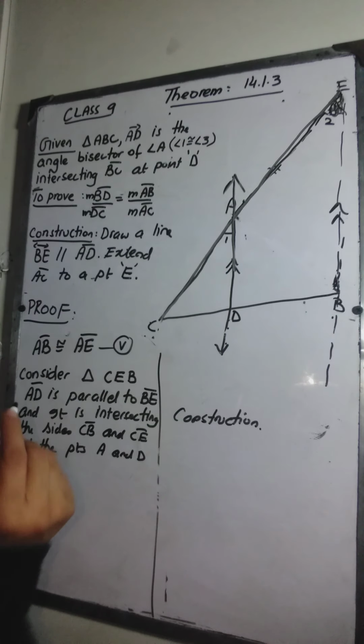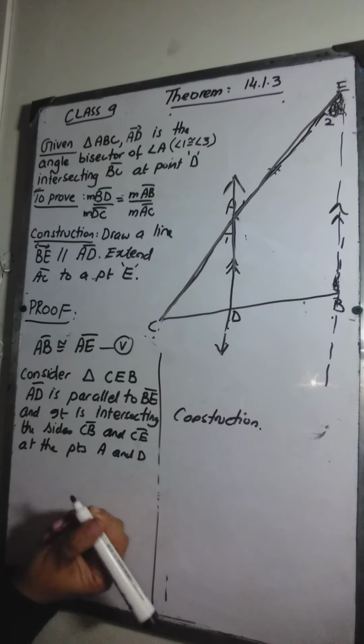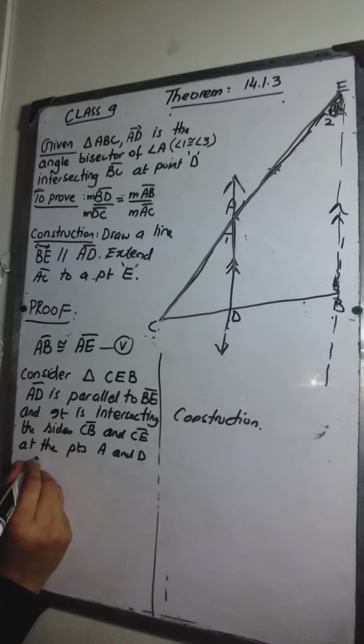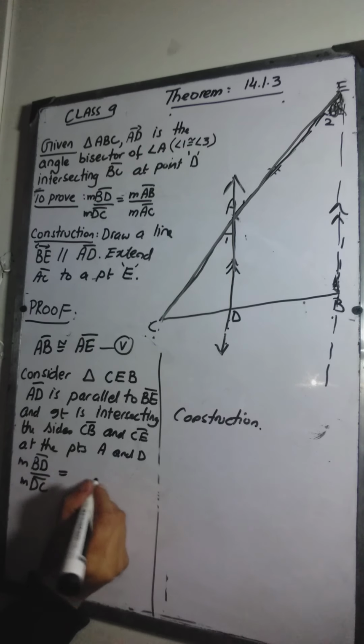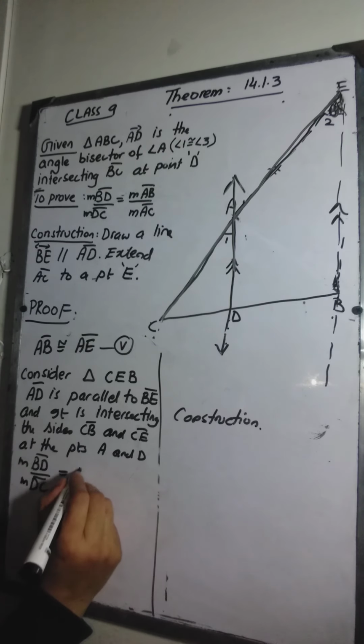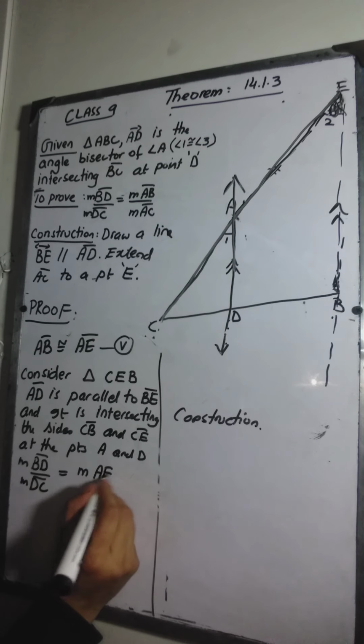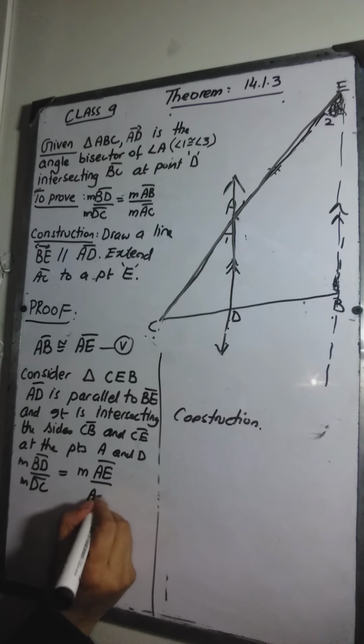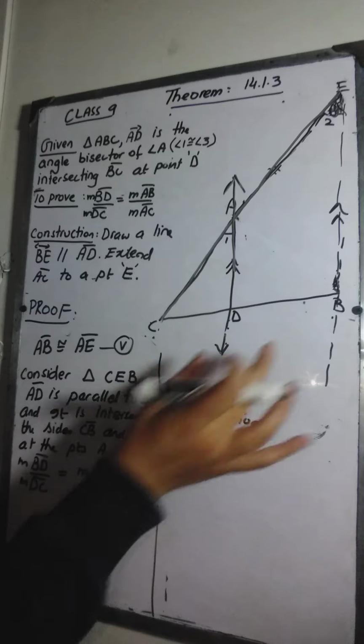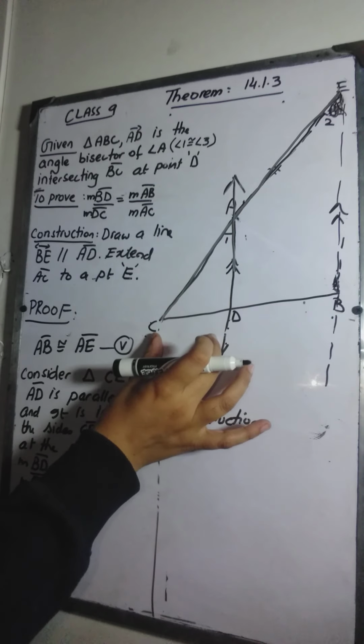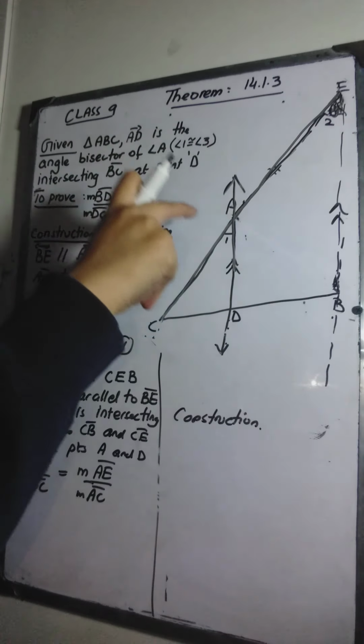So it means that the measurement of BD over DC will be equal to the measurement of AE over AC. Okay, BD over DC is equal to AE over AC.